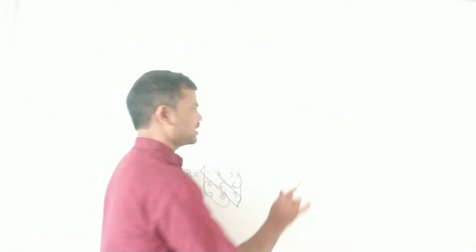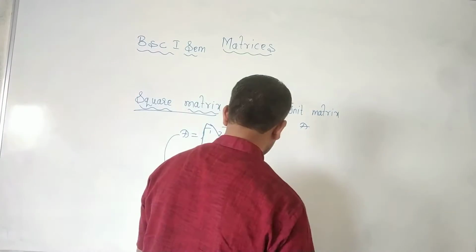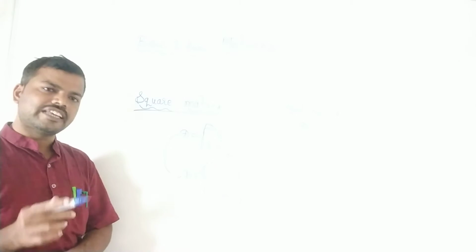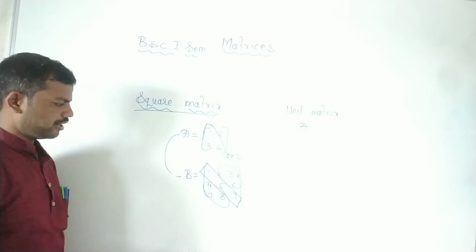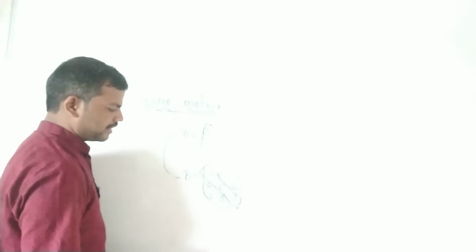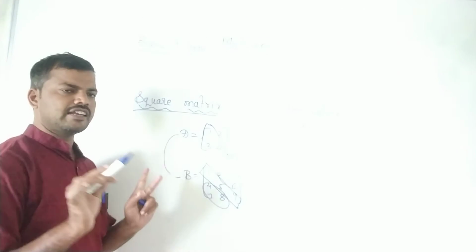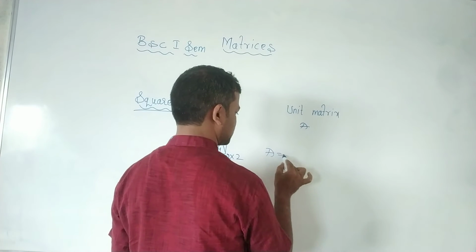Before the unit matrix, we need the diagonal matrix. In any square matrix, if except the principal diagonal all non-diagonal elements are zero, it is said to be a diagonal matrix.